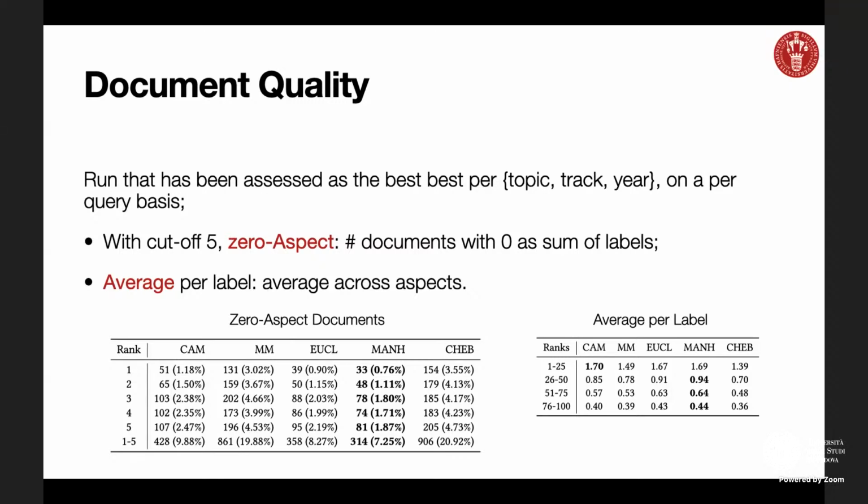And then we counted how many documents had zero aspect label. The idea behind this analysis was that we wanted to limit trash out of the top of the page. Here we look at the average per label, with the idea that we want the labels to be as high as possible across the aspects. And again, what we saw is that basically the measure based on Manhattan is very good.